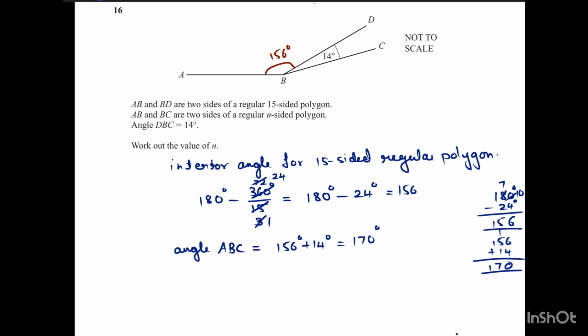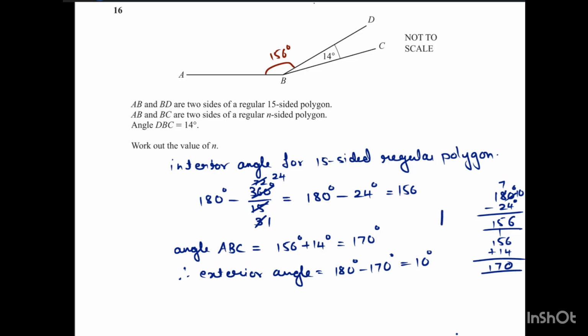This is the interior angle of the polygon which has n sides. So now what will be the exterior angle? Therefore, the exterior angle will be 180 minus 170, that is 10 degrees.